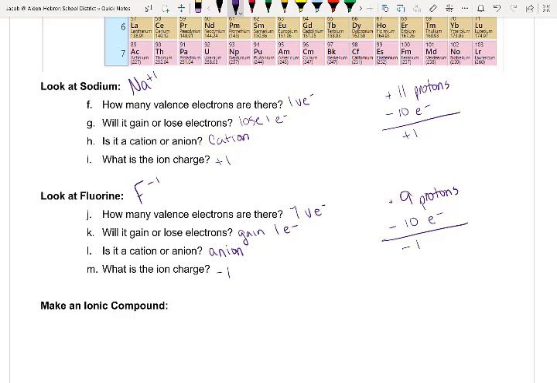So looking at these two in comparison, we have up here sodium, which is a cation, and fluorine, which is an anion. In order for us to create compounds that are ionic, you need to have one of each. So that's the very first step. You always want to make sure that there is one cation, one anion.